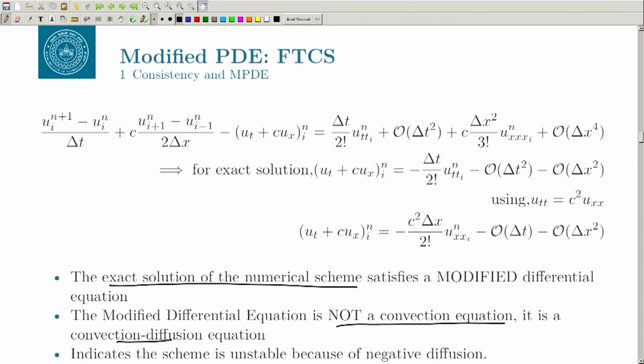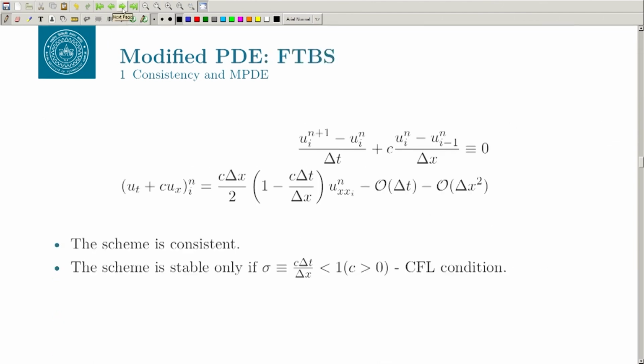Okay. For the FTCS, this scheme is unstable because of the negative diffusion, and if you go to the FTBS, okay, forward time and backward space, this is stable only when lambda, or here it is sigma, basically c delta t by del x is less than 1 and c is positive. Okay.